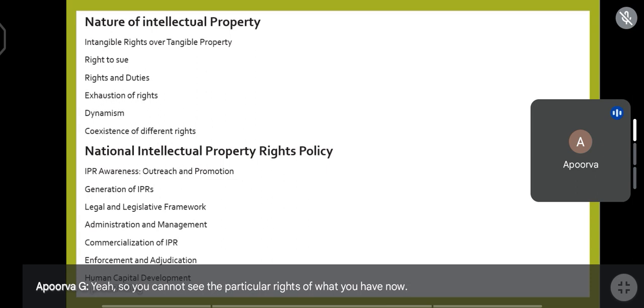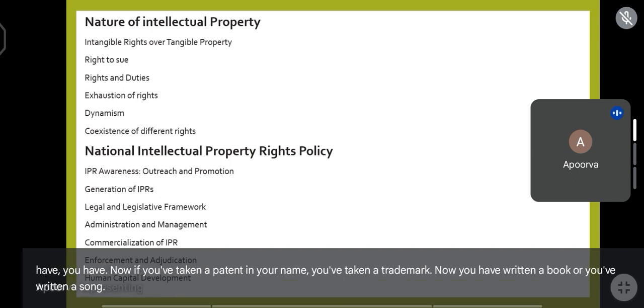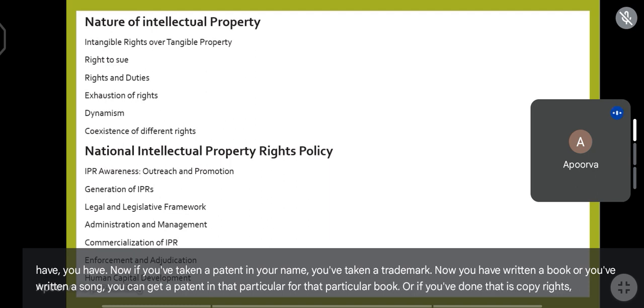Now, the right to sue. If you've taken a patent in your name, or a trademark, or you have written a book or a song, that is copyright; songs get copyrights.